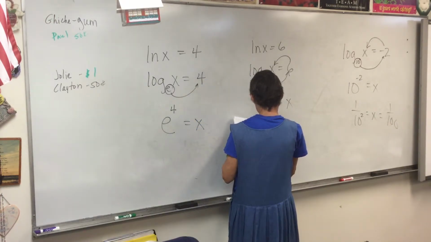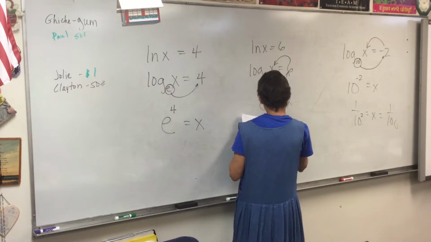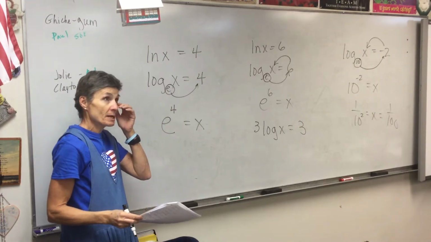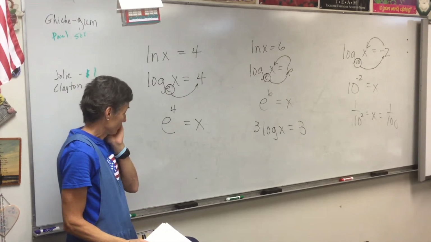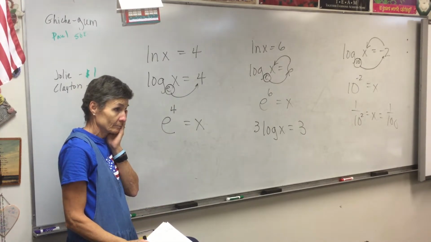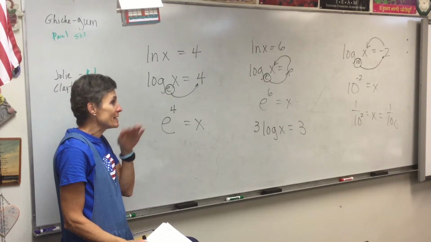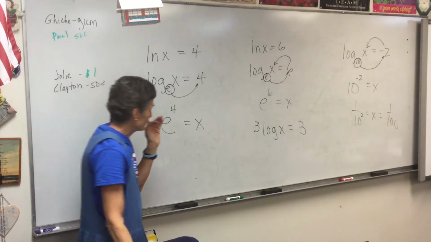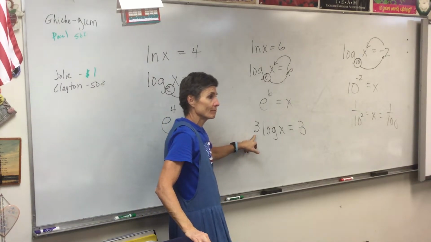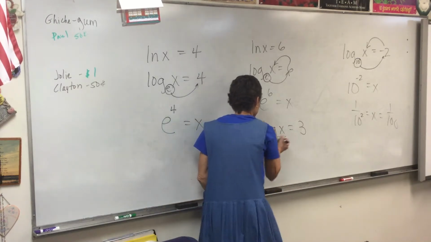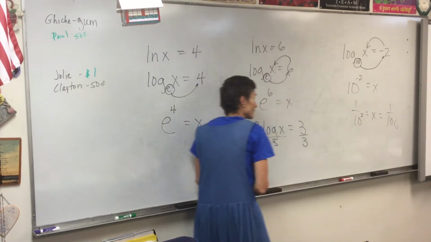Ooh. That scares me, and I'm fearless. What do we do? 10 to the 30 times 3 times 3. Actually, we can't do anything until we take care of this 3. What do you think we might do with that 3? Oh, maybe we would divide both sides by 3?